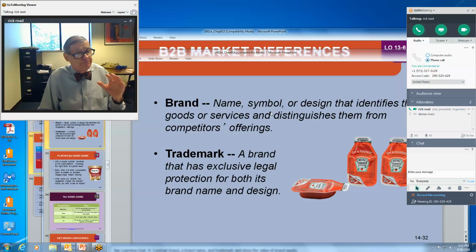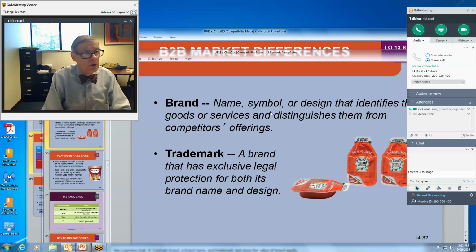And names are trademarked. There was a lawsuit several years ago by Victoria's Secret against an outfit in, I believe it was in Louisville, Kentucky, that was in the same business, sold women's lingerie and other types of garments, and it went by the name of Victor's Little Secret.